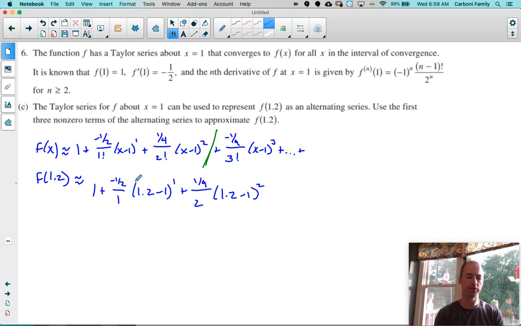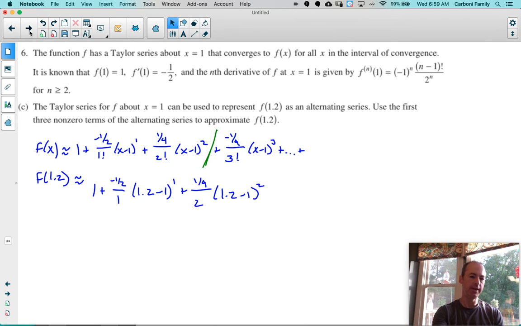And there are the first 3 terms. I have just approximated f of 1.2. I don't know what that value is, and I don't care because all I have left to finish this problem is arithmetic, and you don't have to do the arithmetic to simplify your AP exam questions.